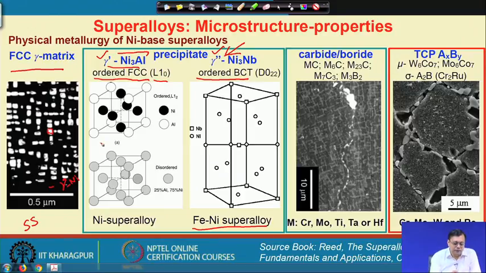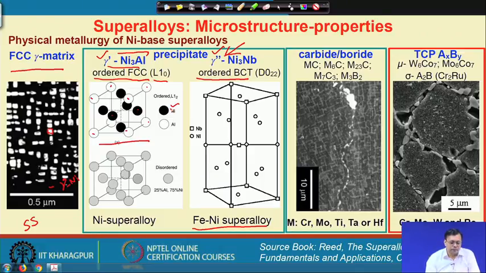Now, if you closely look at the structure of Ni3Al, this is an ordered FCC structure, meaning the positions of the atoms are fixed. Here the empty circles represent aluminum, which sits at the corners of the cell, and all the face centered positions are occupied by nickel atoms.